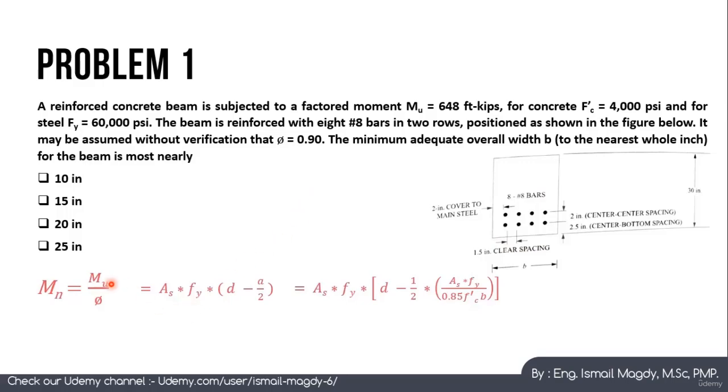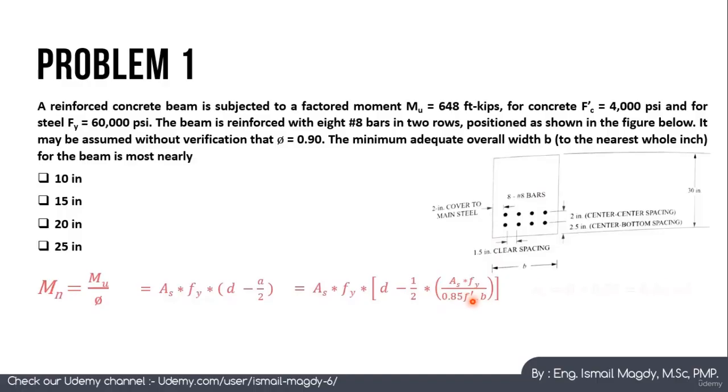So this means that Mn, which is the M ultimate over phi, equals area steel multiplied by fy multiplied by d minus half, because a here is divided over 2, so minus half multiplied by area steel fy over 0.85 f'c b.